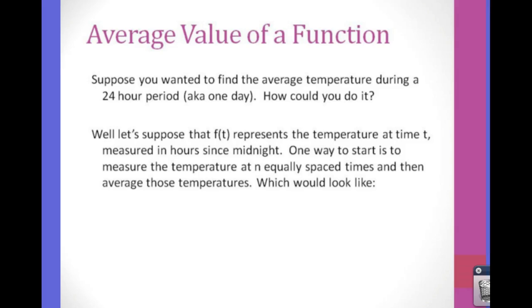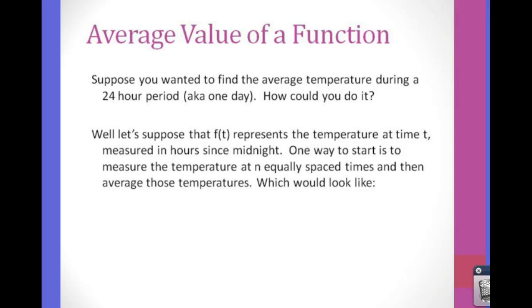So if we said that f of t represents the temperature at time t measured in hours since midnight, one way to start is to measure the temperature at n equally spaced times and then average those temperatures.